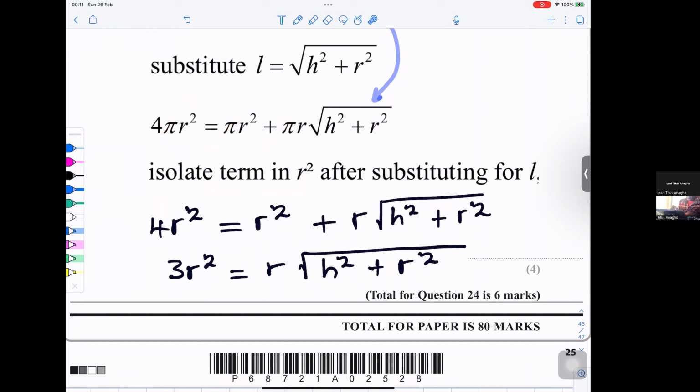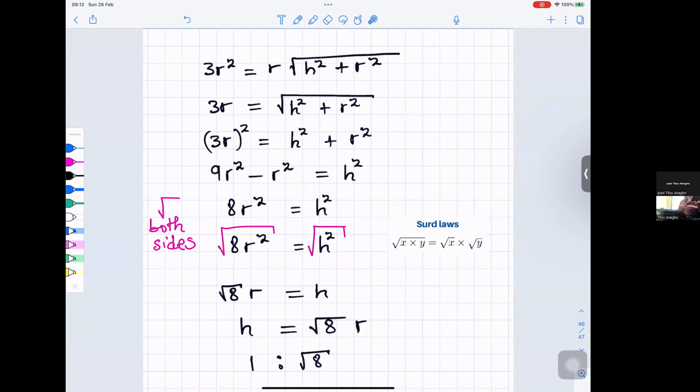Now we'll be left with 4r squared plus r squared. 4r squared minus r squared gives you 3r squared. So we have 3r squared is equal to r times the square root of h squared plus r squared. Now we cross out one of the r. This cancels and this cancels. We'll just be left with 1r.